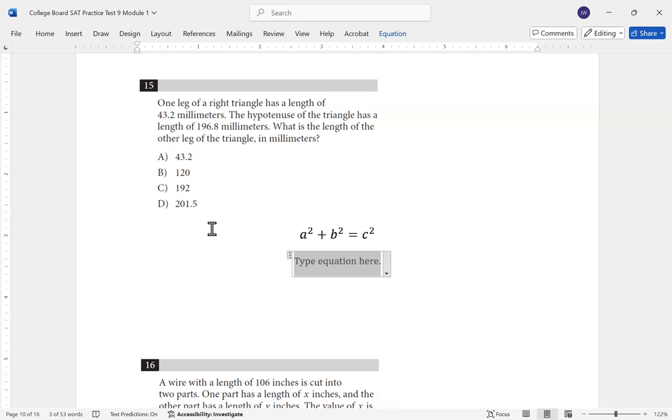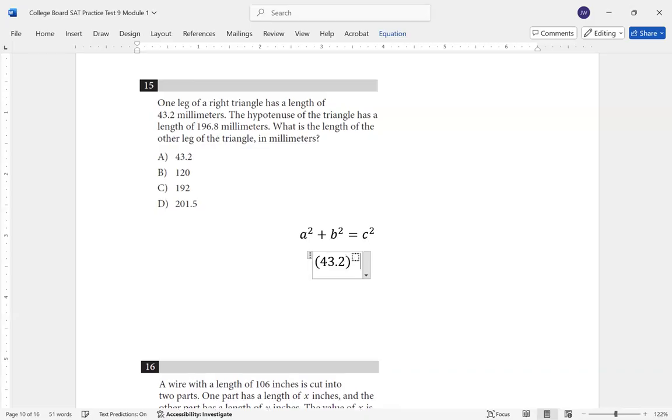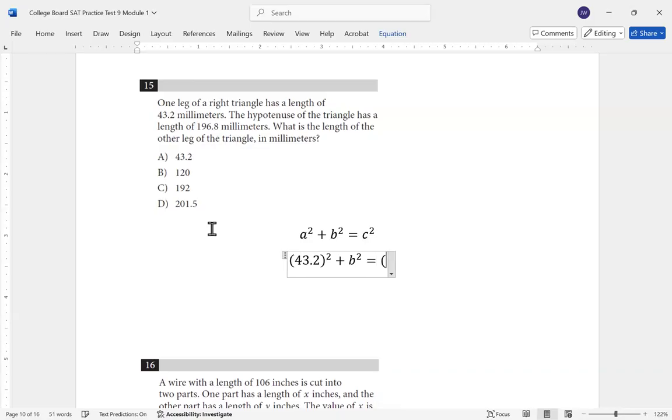So in this case, A is 43.2. That's one leg. You could have also called that B. Doesn't really matter which leg you call it. And then we have another leg, which we don't know. And then we have the length of the hypotenuse, which is 196.8.